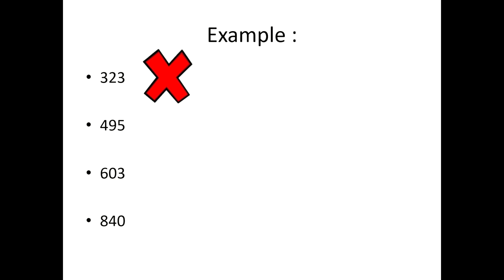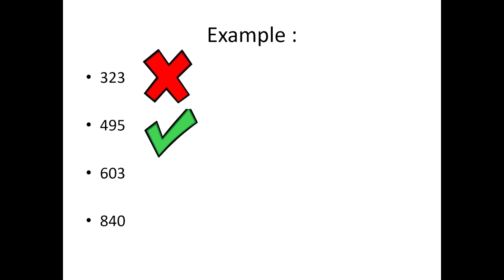Okay, so the answer is yes, it is divisible by 3 because if we add 4 plus 9 plus 5, it equals 18. And if you remember your multiplications very well, then you would know that 18 is a multiple of 3.